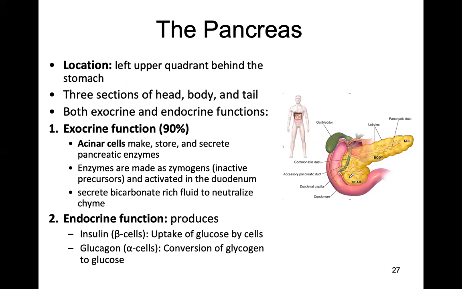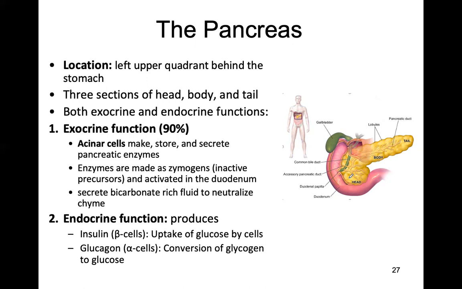The original enzymes that are produced by the pancreas are identified as inactive and are referred to as the zymogens. However, as they enter the duodenum, they start to become activated and carry out the process of chemical digestion. Your exocrine function also includes secretion of bicarbonate-rich fluid that helps neutralize the acidic environment of the stomach.